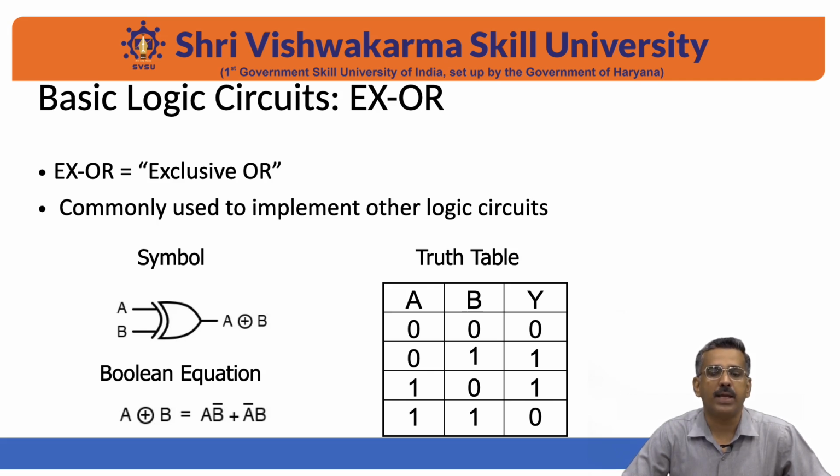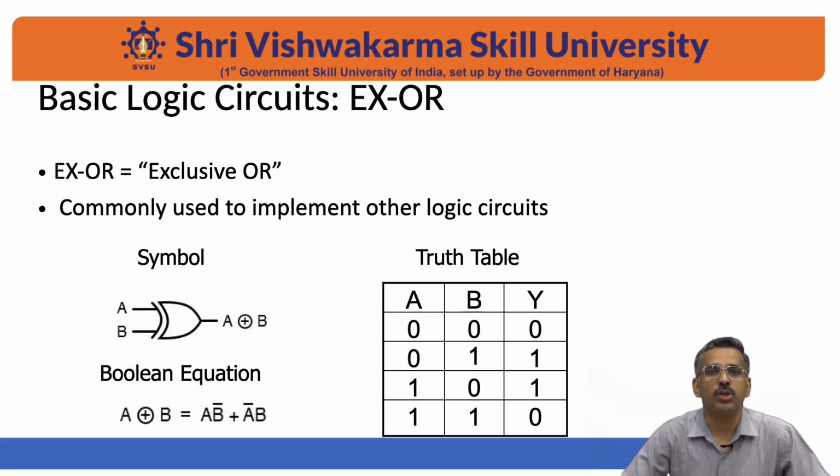The symbolic representation of the exclusive OR gate is like this, in which we normally represent it within a circle with a plus sign, and the logical expression is equal to A into B bar plus A bar into B. That is known as the exclusive OR gate.